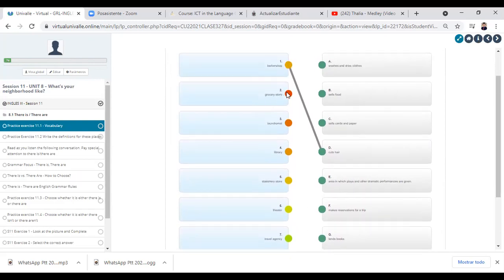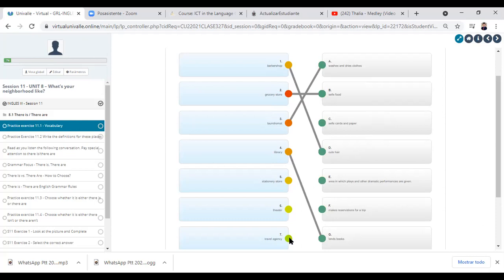Grocery store, I will definitely say that it sells food. Laundromat washes and dries clothes. Library lends books. Stationery store, area in which plays and other dramatic performances are given.